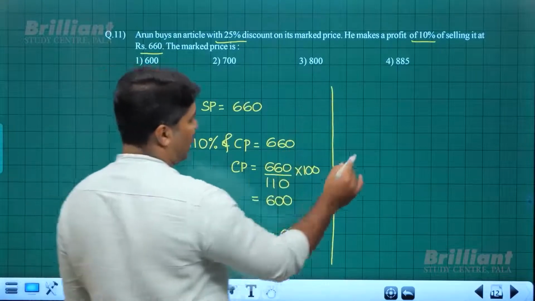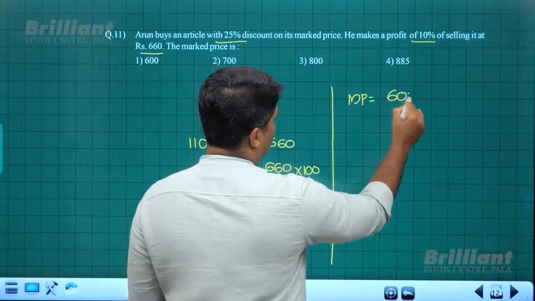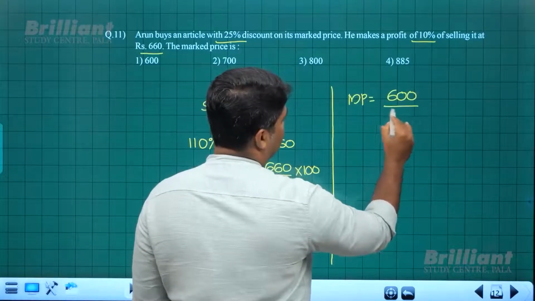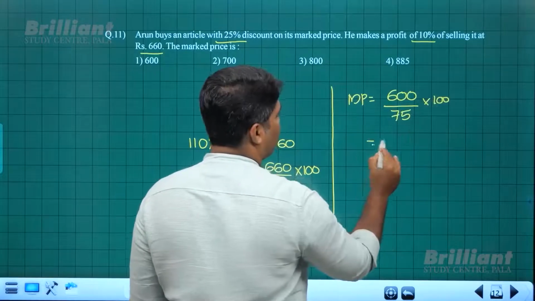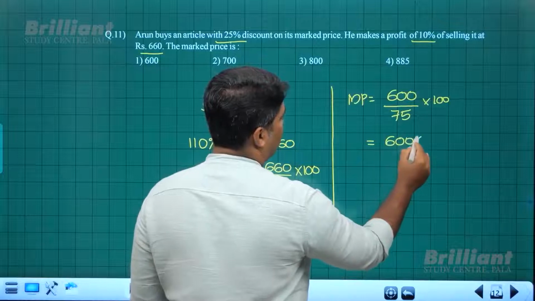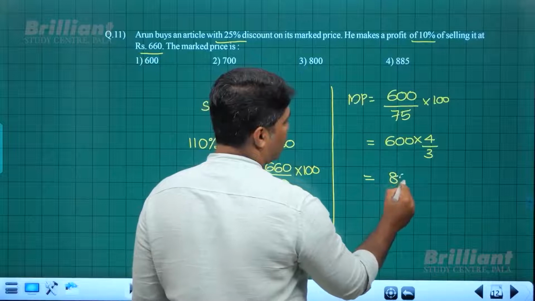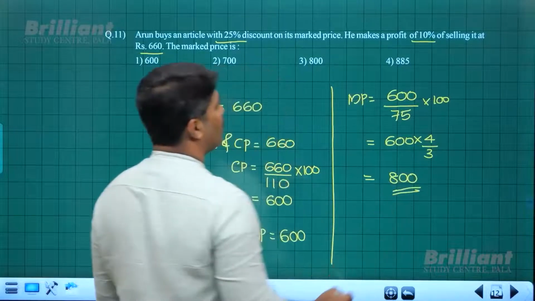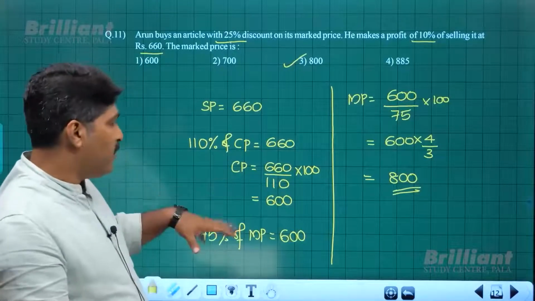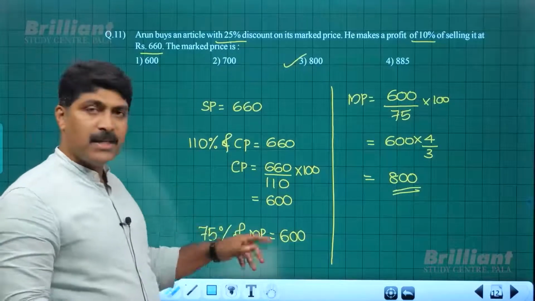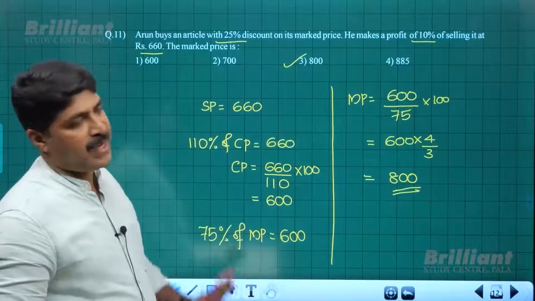The marked price is 600 divided by 75 into 100, or 600 into 4 by 3. After simplifying, this is equal to rupees 800. This way we can catch it chain by chain. First you have to find the cost price, and from there you find the marked price.